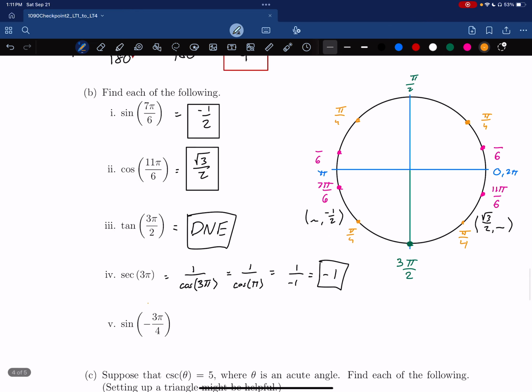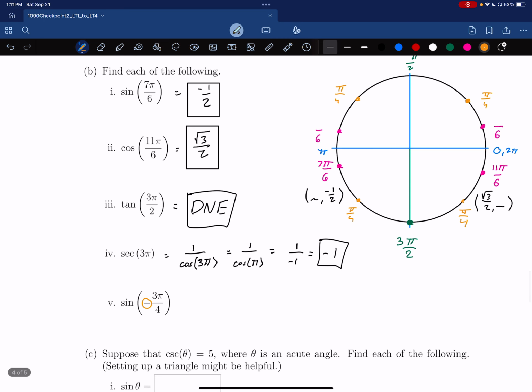But we have a negative sign here, which means you're going to be going in the opposite direction. So 3 pi over 4 is a little bit less than 1 pi. We're going in the opposite direction, so we will end up right here at this point. So this will be -3 pi over 4.